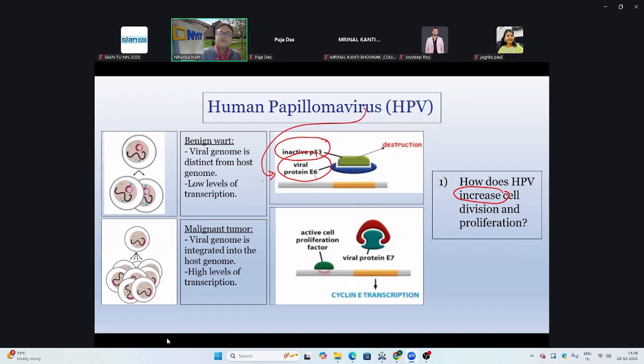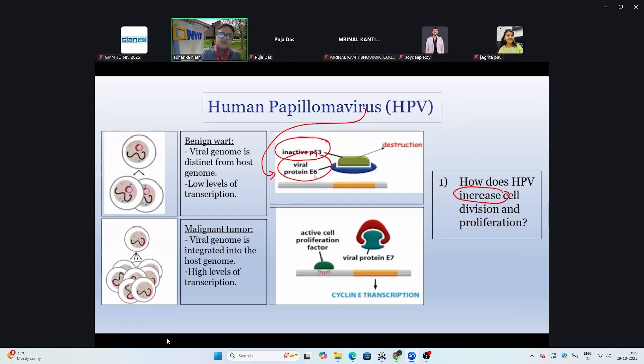So this viral E6 protein will go and bind to P53, and then P53 will just not be there. It'll just be destroyed. So the whole thing will then be destroyed, and so P53 is absent. So it's almost like the human papilloma virus will simply take away your P53.